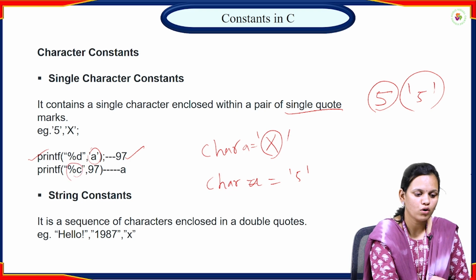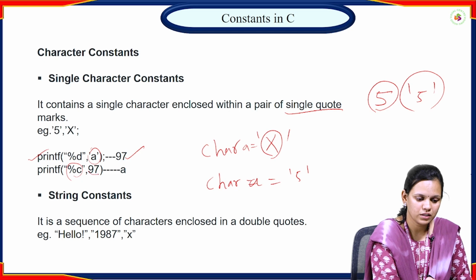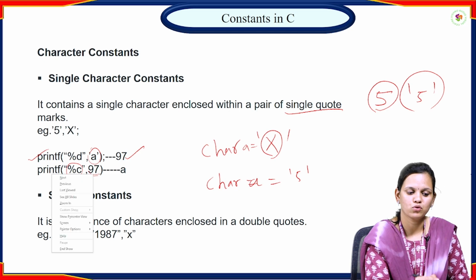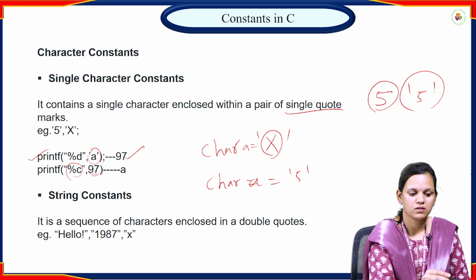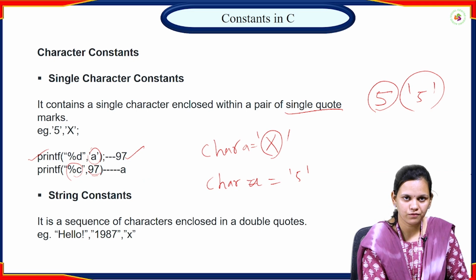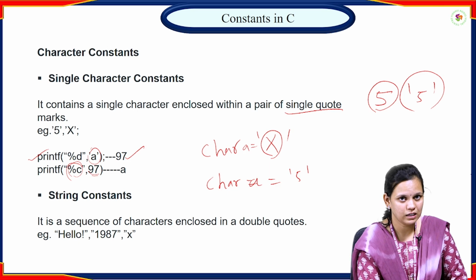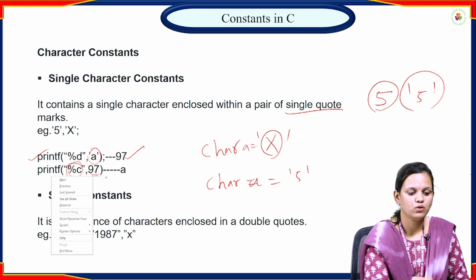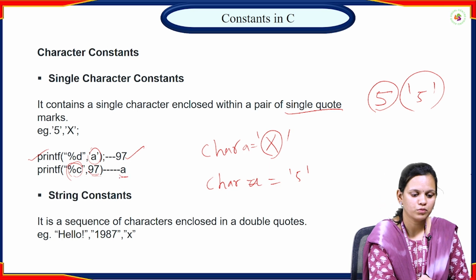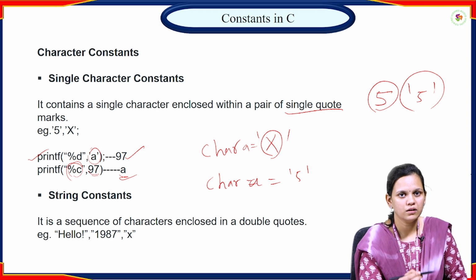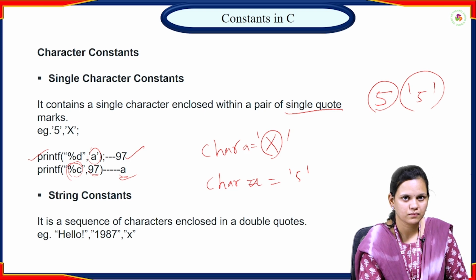To print what character is stored at the 97th position, you give printf, inside the double quotes the format specifier %c, comma, and the value 97. The output will be a. So this is how you can declare a character constant.